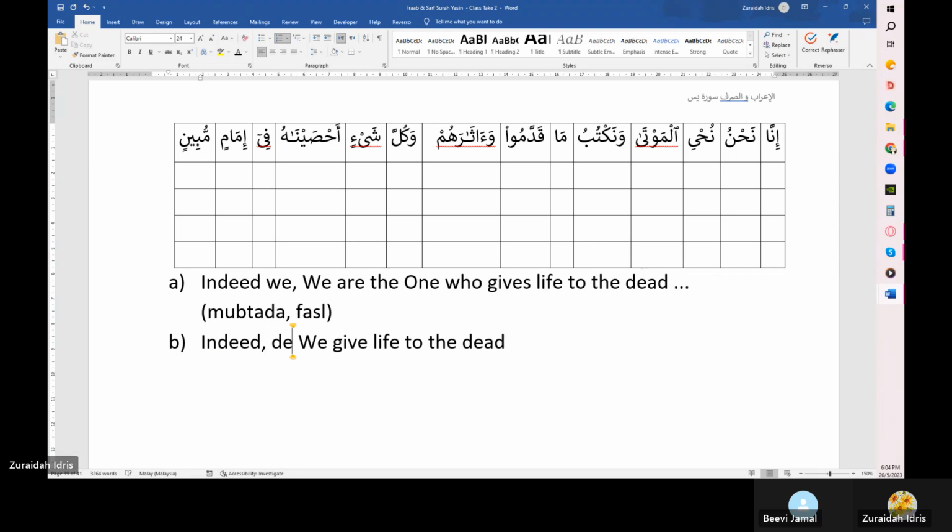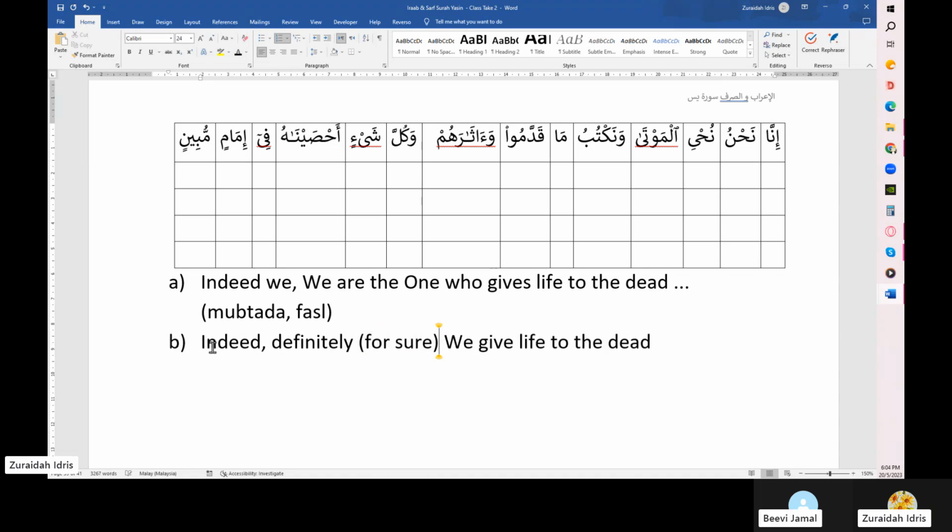Some people say "for sure." There are many ways, depending on how you want to emphasize. The we should be bolded, another way of emphasizing. Let's continue with the dot dot dot.